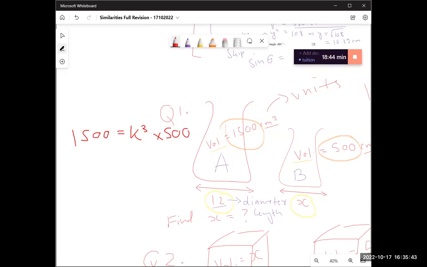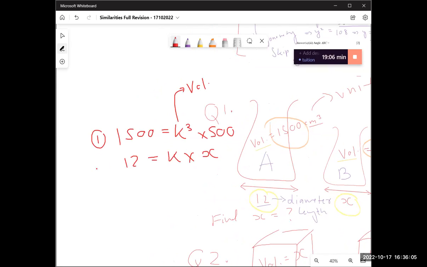Why are we taking K cube? Because it's volume. Now for the diameter, it will just be 12 into K is equal to K into X. Any questions? No.